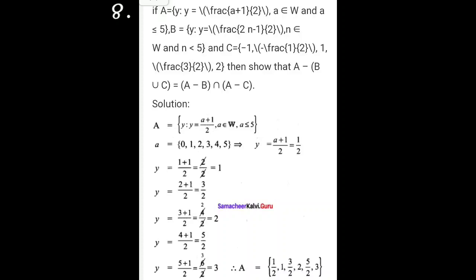Put a is equal to 5, y is equal to (5 plus 1) divided by 2 is equal to 6 divided by 2. 3 2s are 6, we get y is equal to 3. Therefore, the set A is equal to {1 by 2, 1, 3 by 2, 2, 5 by 2, 3}.